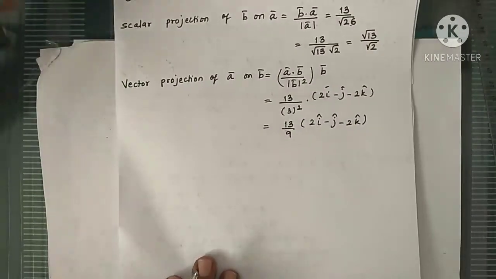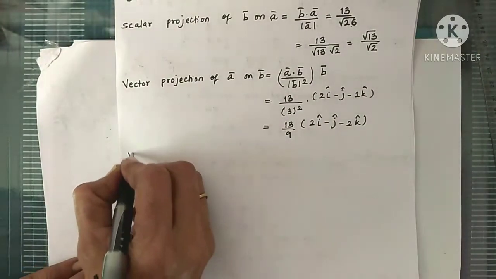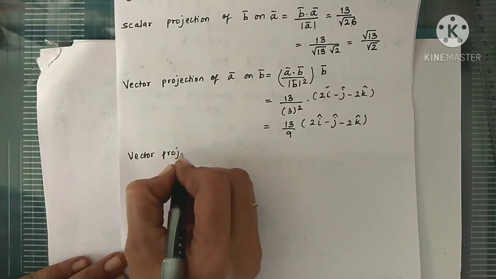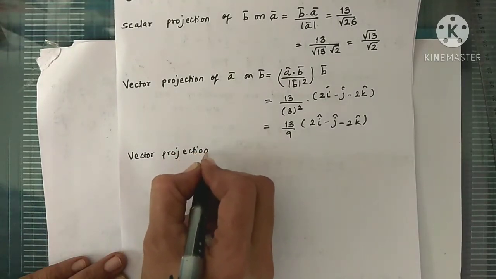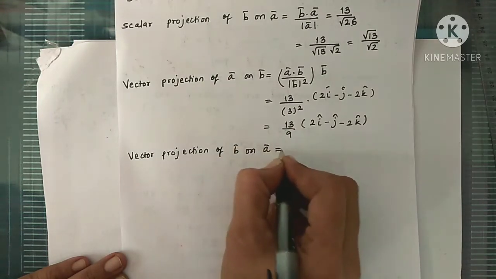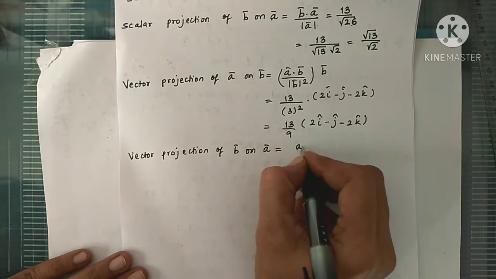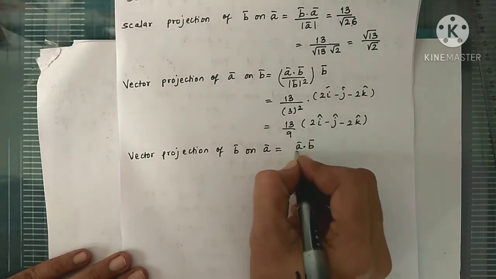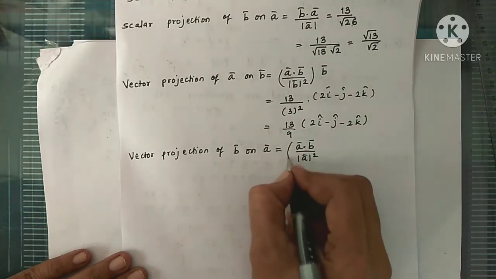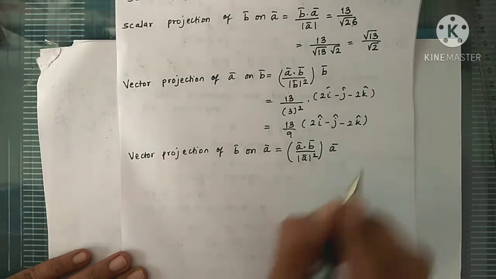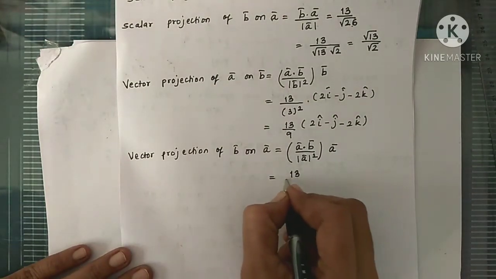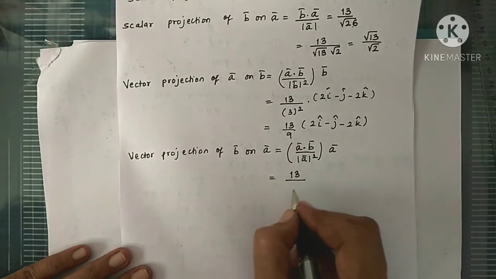Now let's write vector projection of b bar on a bar. So vector projection of b bar on a bar equal to b bar dot a bar, or we can write this as a bar dot b bar divided by modulus of a bar square, because it is on a bar, and we have to multiply by a bar only. So a bar dot b bar is 13 divided by modulus of a bar square.